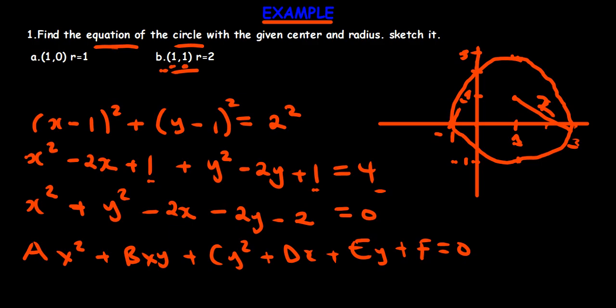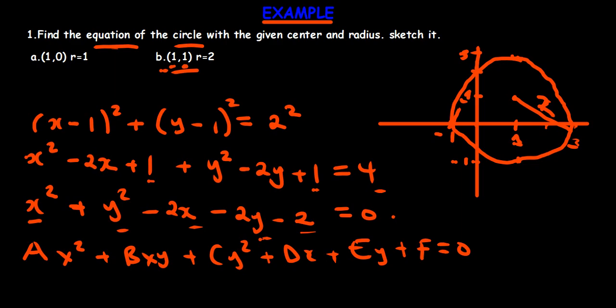It's not a must that everything will appear in your equation, but we have x squared, we have y squared, we have x with a coefficient, y with a coefficient, and then we have a constant, and it is equal to 0. So your aim when you're given this is to make something similar to the general form of the equation. That's the reason why we have to expand completely like that. Yeah, so this is how you answer this question.